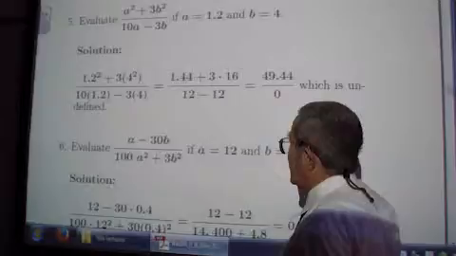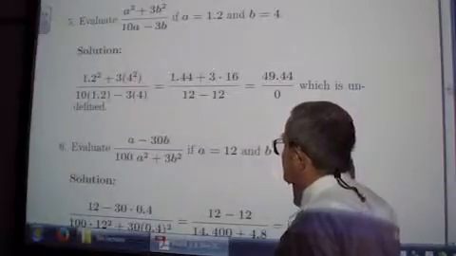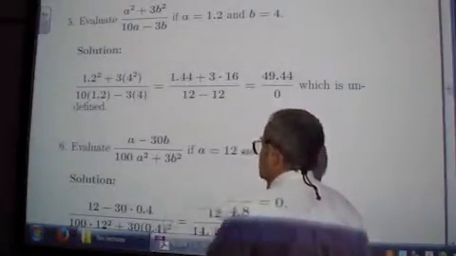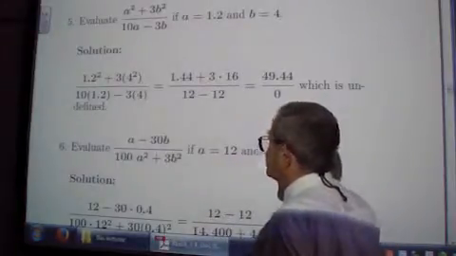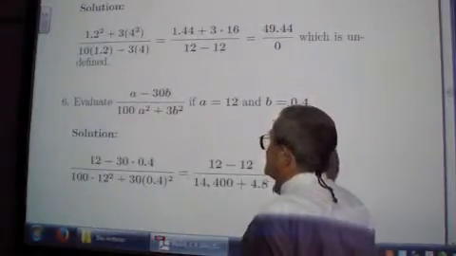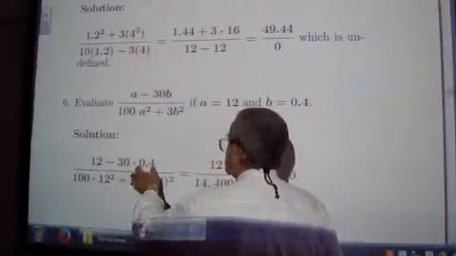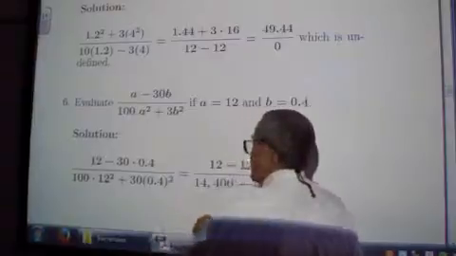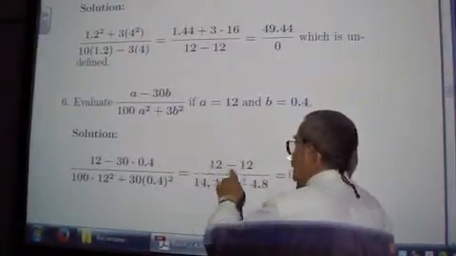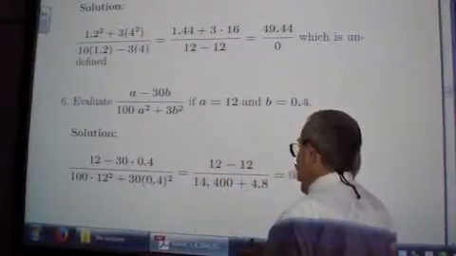Then I had a minus 30b over 100a squared minus 3b squared, where a is 12 and b is 0.4. So plug in 12, plug in 0.4, 12 squared, 0.4 squared. That gives you 12 minus 12 in the numerator.